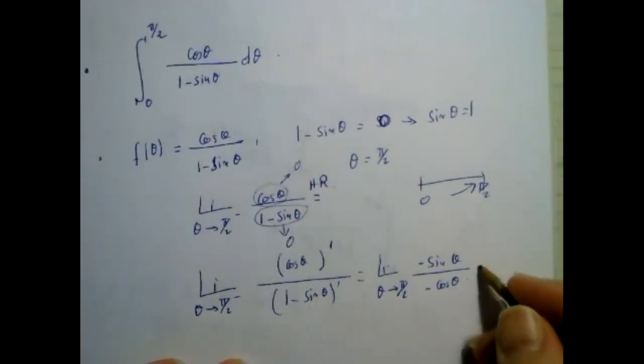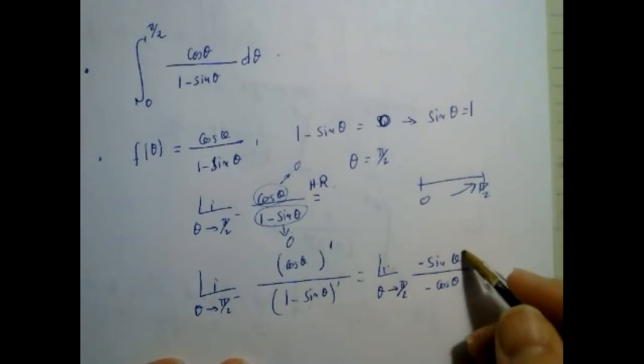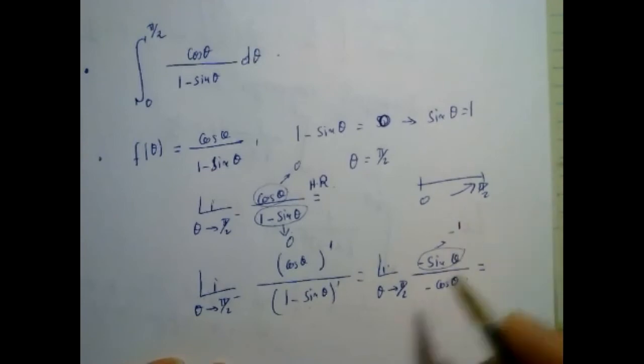Now, when theta becomes close to pi over 2, the numerator becomes close to minus 1, and we approach pi over 2 from the left.